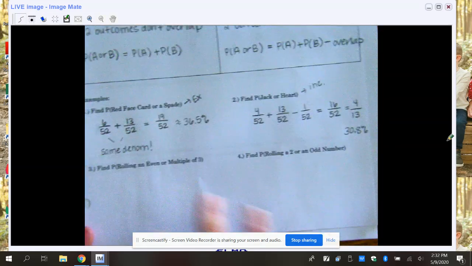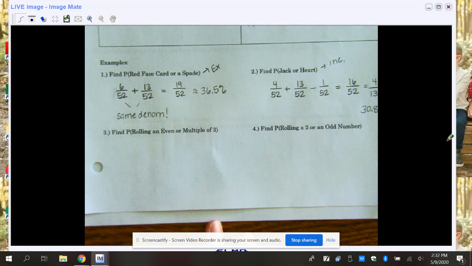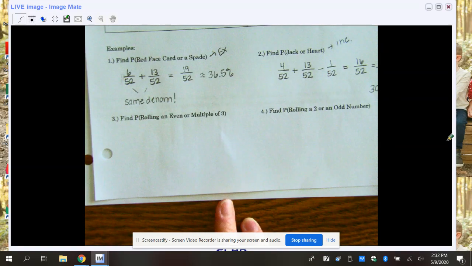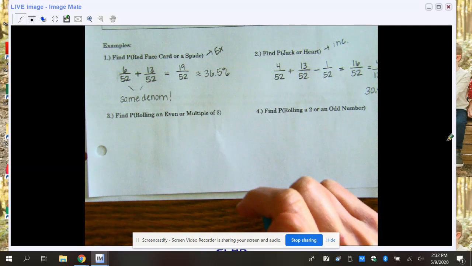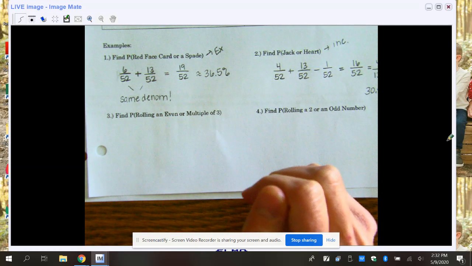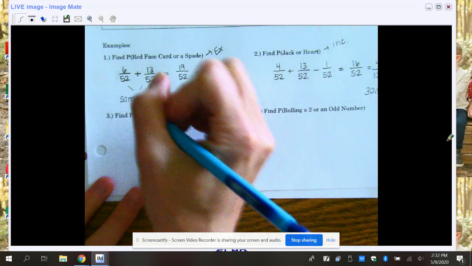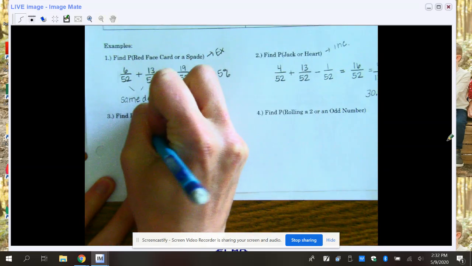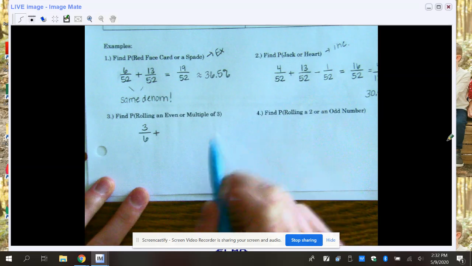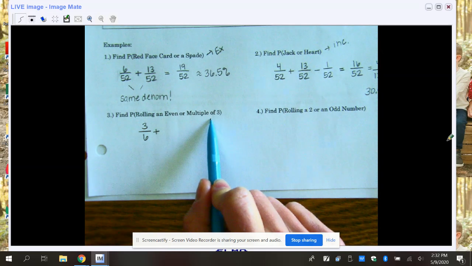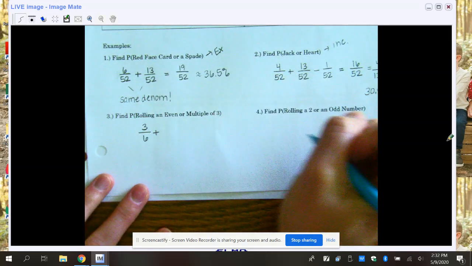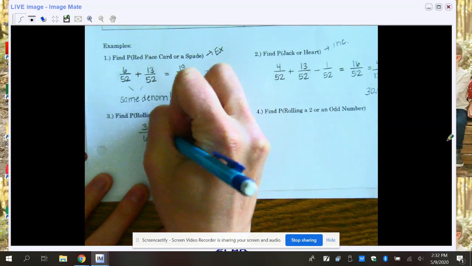Okay. All right, and so now we get back to the dice. So this one says, find the probability that I roll an even or a multiple of 3. So again, that's just one roll. What's the probability that that number is either even or a multiple of 3? Well, we've said that there are 3 evens, so 3 out of 6. The multiples of 3 are 3 and 6. And so that would be 2 out of 6.